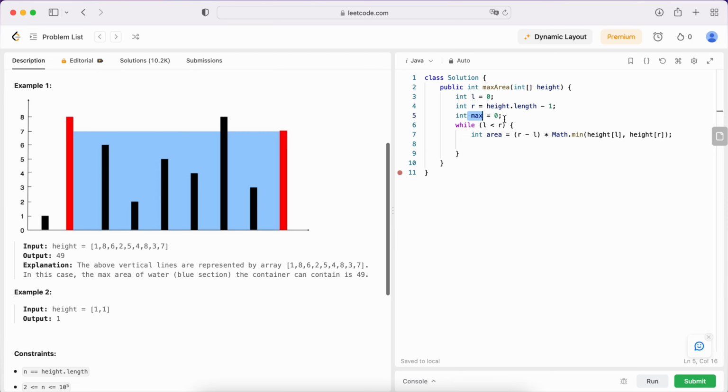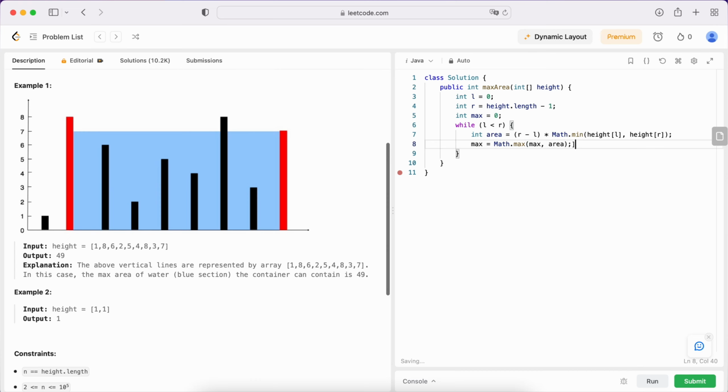Each time we have to check our max: max is equal to the max of max and the area.